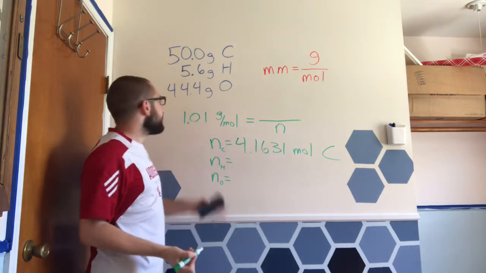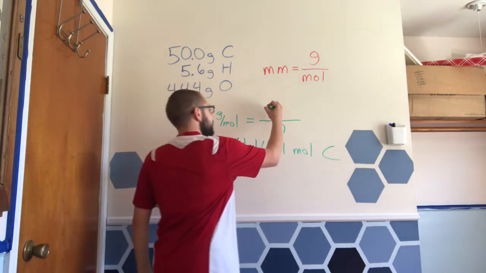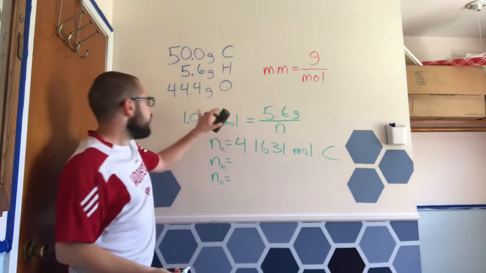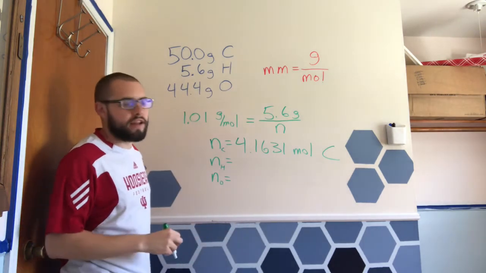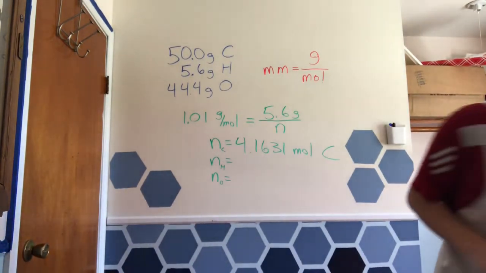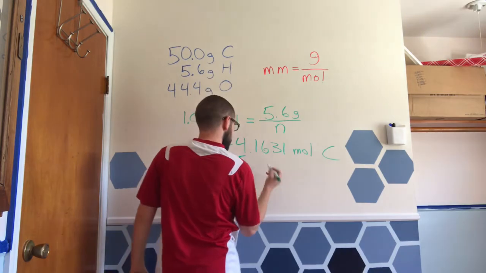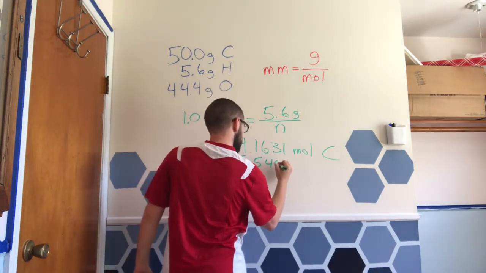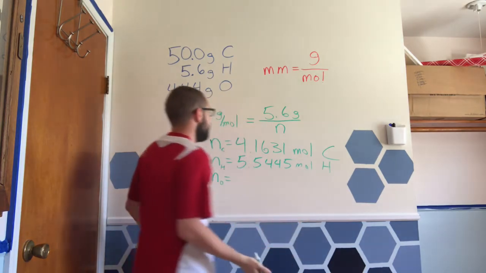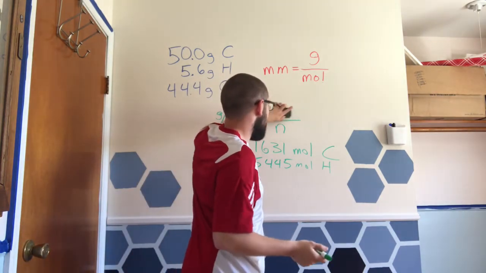And I know that I have 5.6 grams of hydrogen. I'll do my algebra just the same way that I did it that first time, and I'm going to find out that this will be about 5.5445 moles of hydrogen.